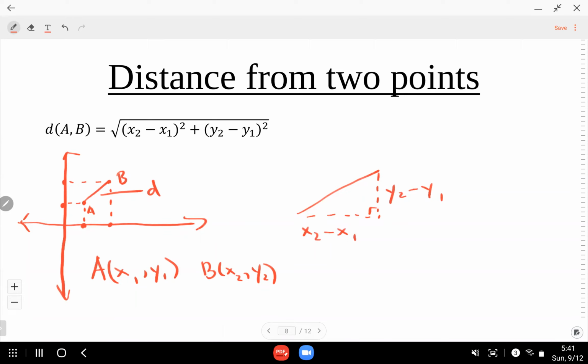And by the Pythagorean theorem, which states that a squared plus b squared equals c squared, if we're trying to get c squared right here, we need to take a squared plus b squared and square root that. And hence, we get this distance formula. One leg of the triangle squared plus the other leg of the triangle squared, square rooted, gives the other side, which is the distance between the 2 points.